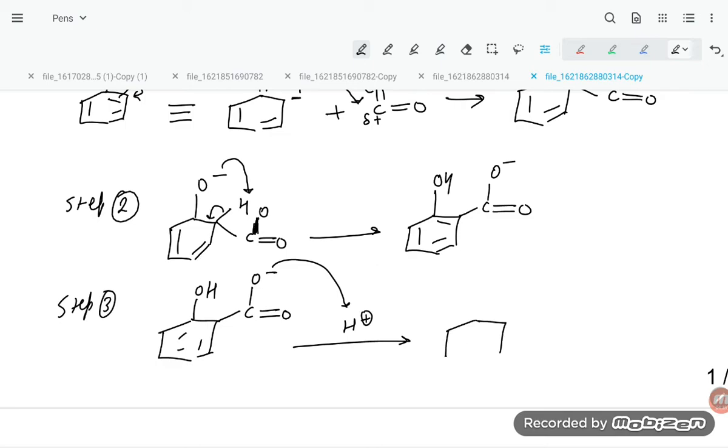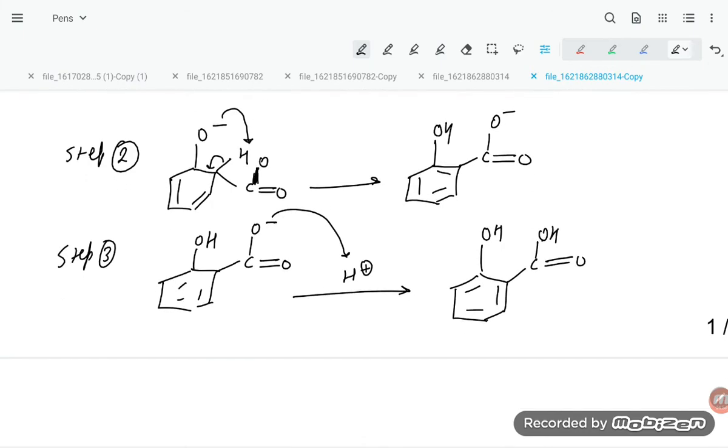So you can see the product you are going to get here, students: OH here, and here COOH with double bond O. Its name is salicylic acid.